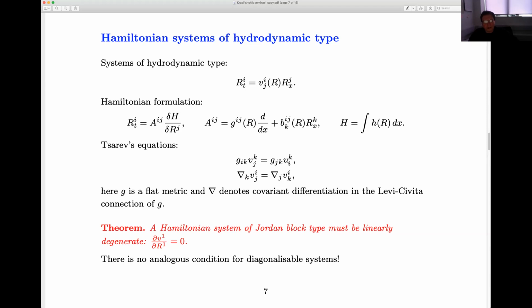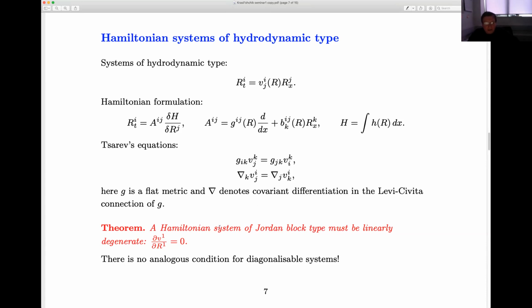So in other words, a system of this form is Hamiltonian if the matrix Vij is a Kadazzi tensor in some flat metric, Gij, right? Okay, so it turns out that these equations imply a very simple constraint in the Jordan block case.